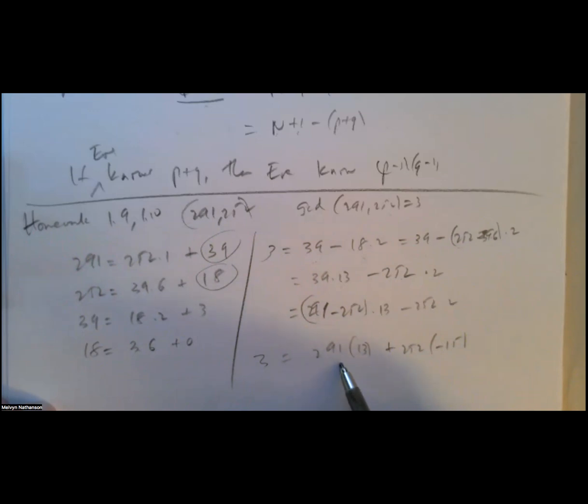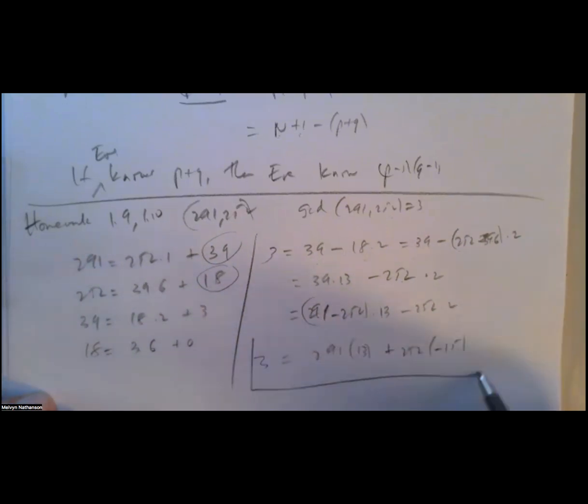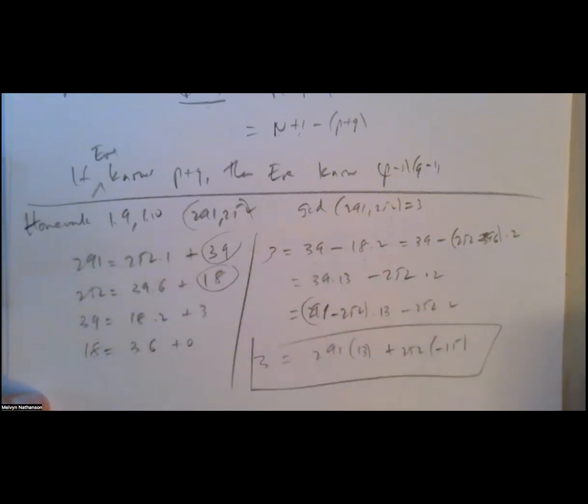So that's 291 times 13 minus 252 times 15, or plus 252 times minus 15. So that should be okay. Let's try and find something more interesting.